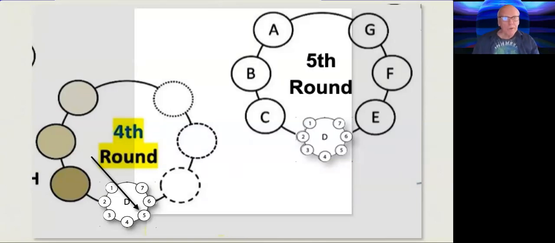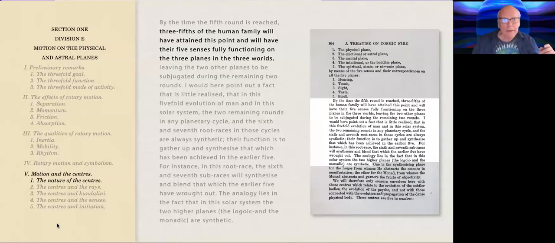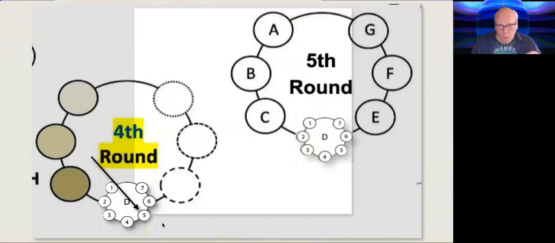So the interval between our current fifth root race on round 4, where we are here, indicated by the arrow, and the middle of round 5, which is when these events are predicted, includes the rest of this root race, plus the 6th and 7th root race on our current globe, plus an additional 7 globes, these 3 and these 4, which is about 49 and a half root races.